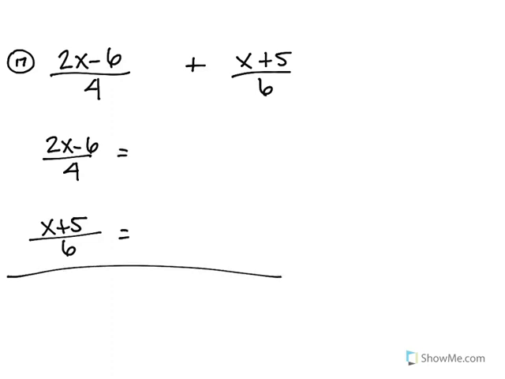And when I look at 4 and 6, what would the least common denominator be? 12. Very good. It has to be big enough to get rid of 6 and 4. When I say that, I'm using a slang term, but it's got to be at least 6 or higher, because 6 is the biggest denominator.